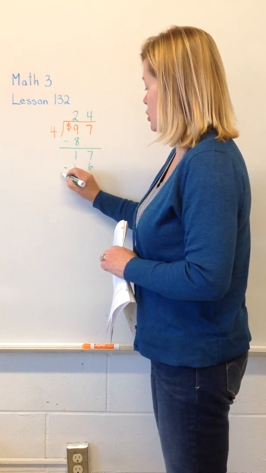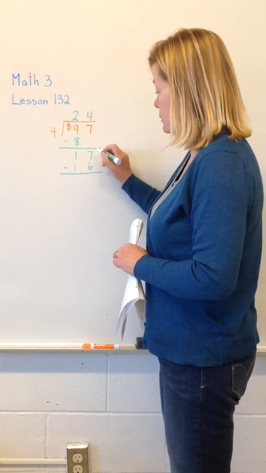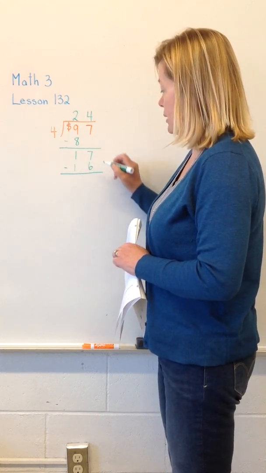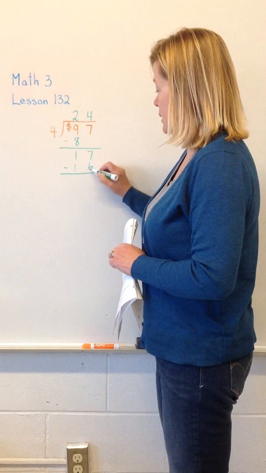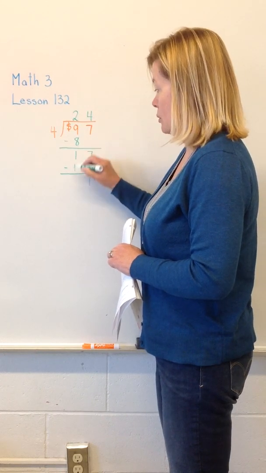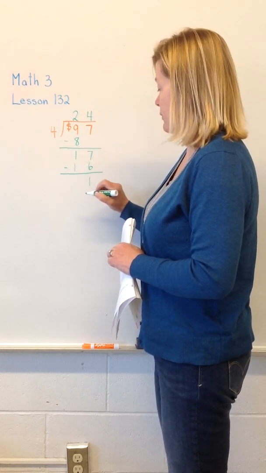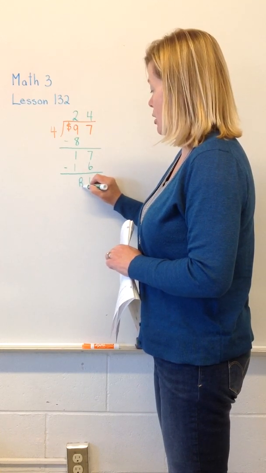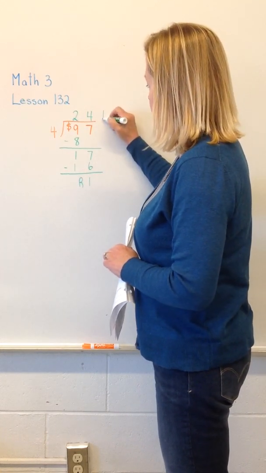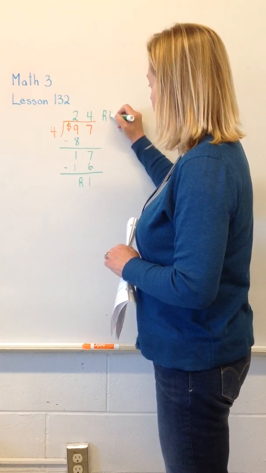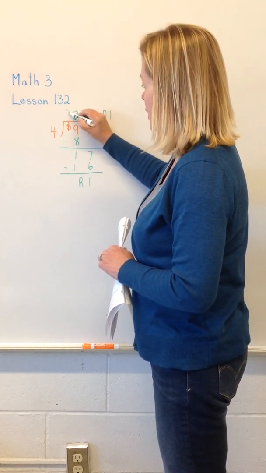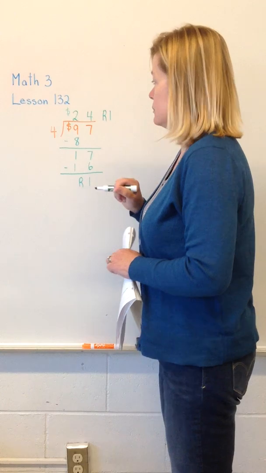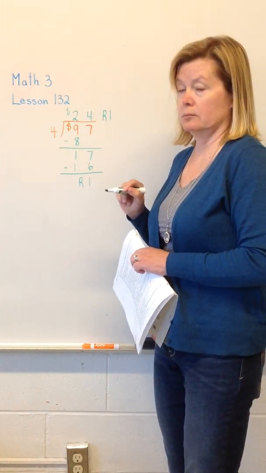Now subtract. Do your subtraction symbol. And then your line. 7 minus 6 is 1. 1 minus 1 is 0. So I'm not even going to write in the 0 because I need to write the R for remainder. Up here I'm going to write remainder 1, and I'm going to make sure that I have my dollar sign.